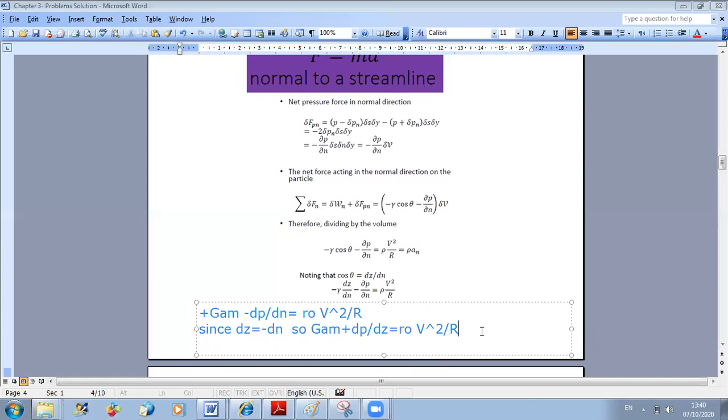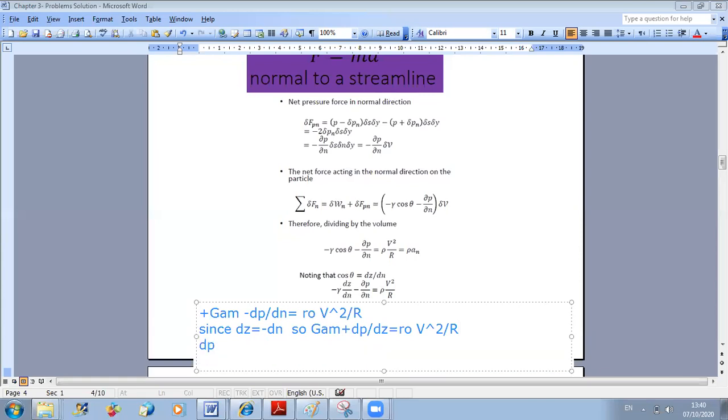Now I deduce that dp over dz is equal to minus gamma plus rho v square over r. Once I obtain this relation, I can integrate to find the variation of pressure.